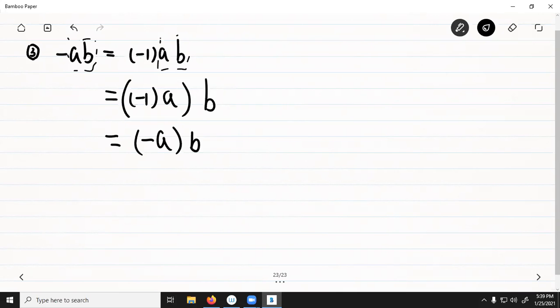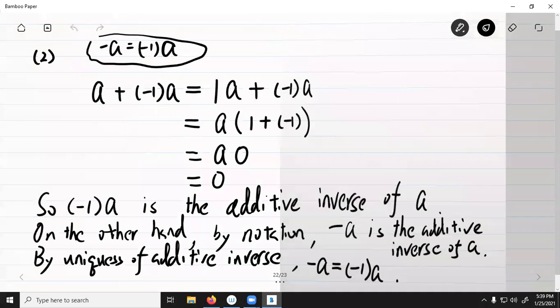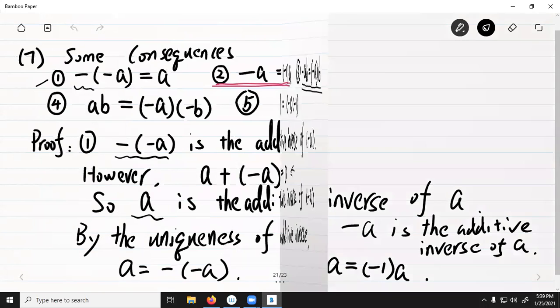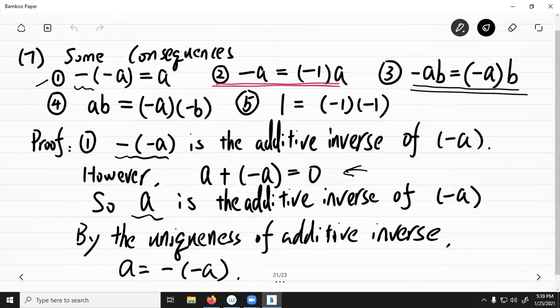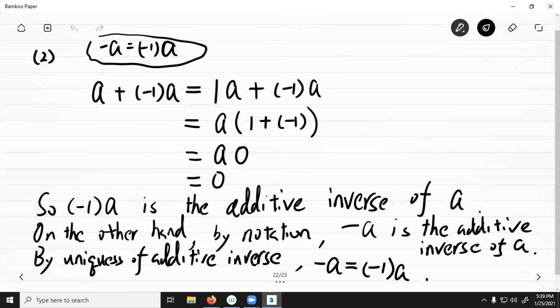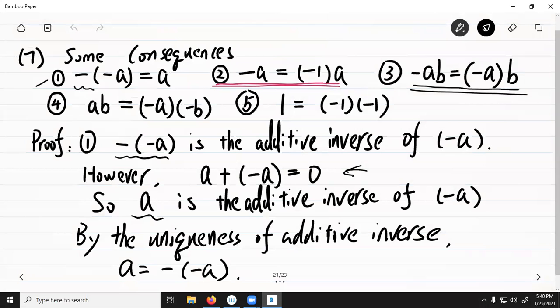Okay, number 4. We want to prove A times B equals negative A times negative B. Okay, so you should have two negative signs, right? Which result we already have has two negative signs?